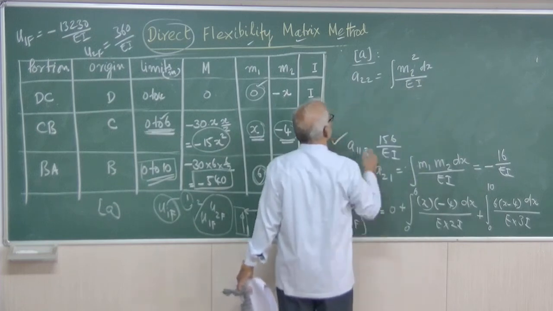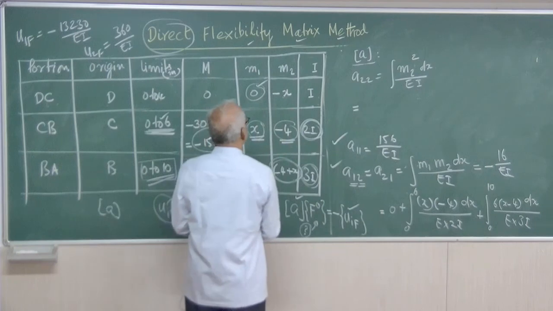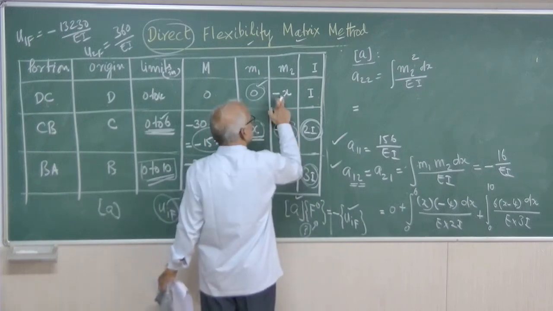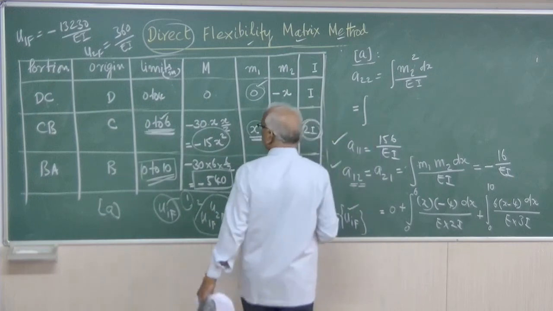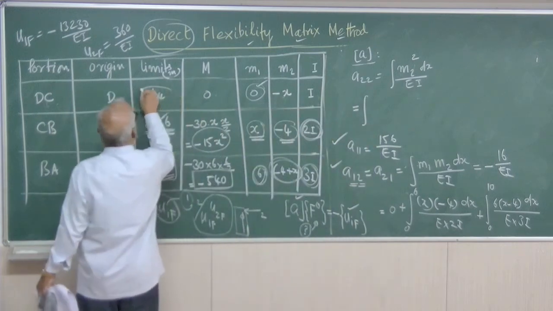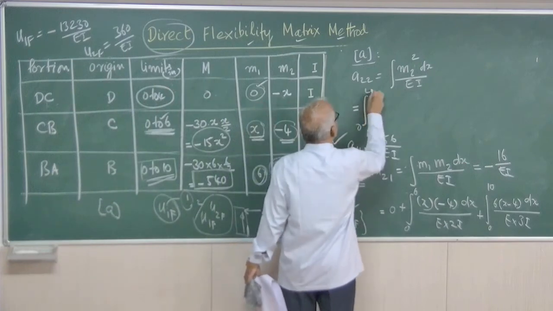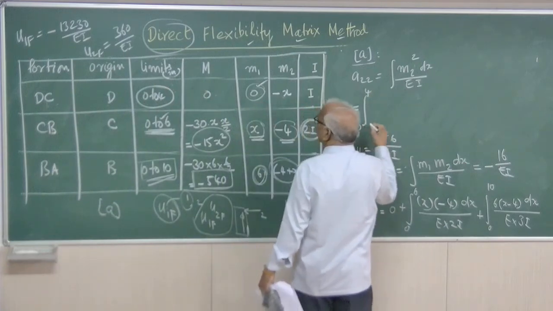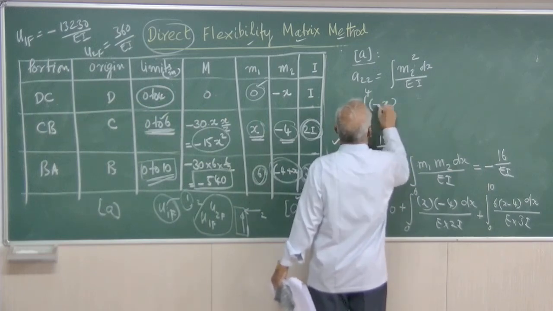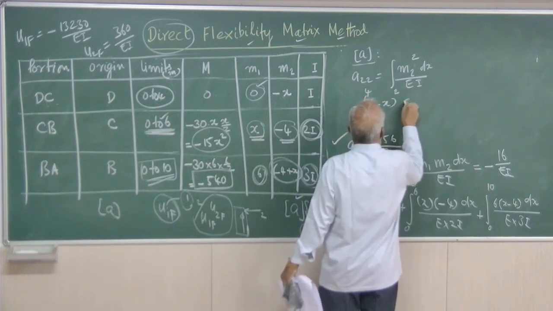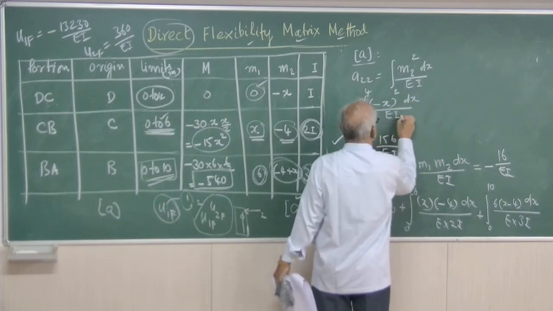For the first portion, m2 is minus x, and the limits will be 0 to 4. So, minus x into minus x, minus x whole square dx by EI, is the first term.